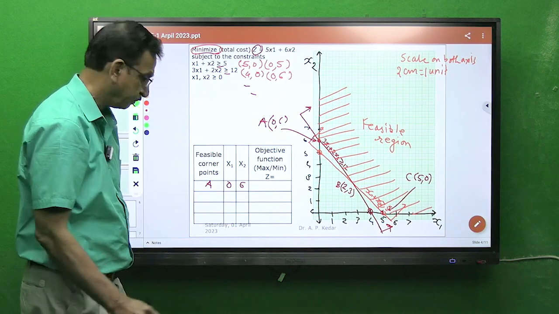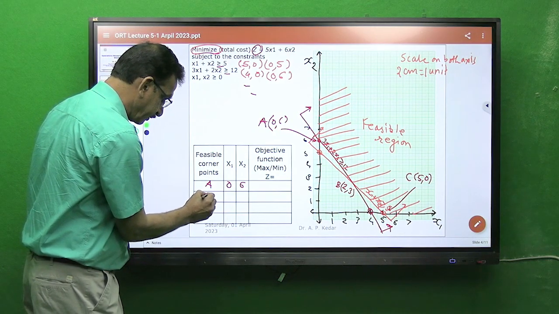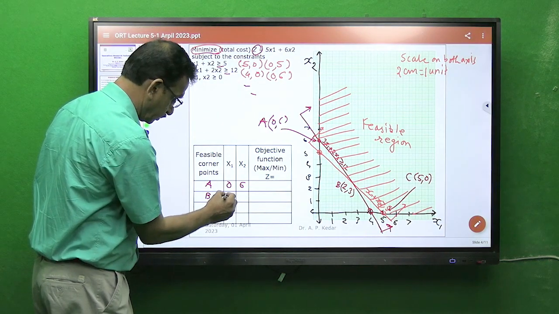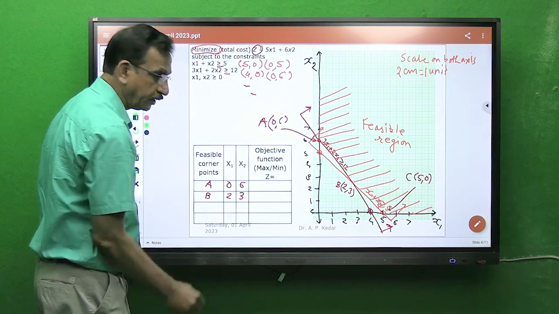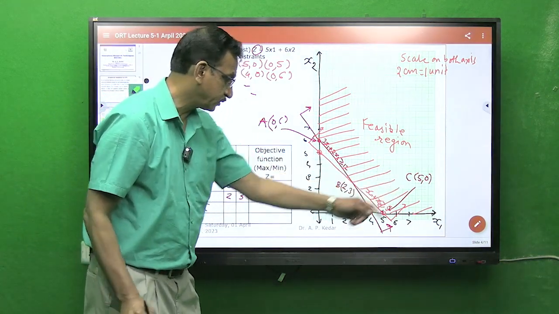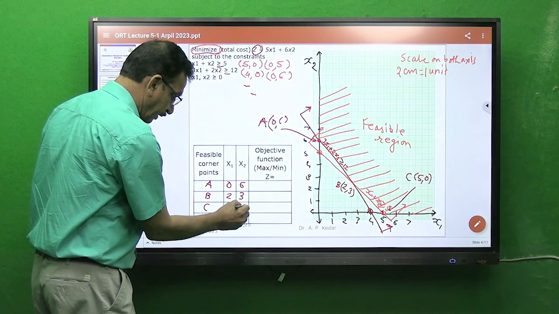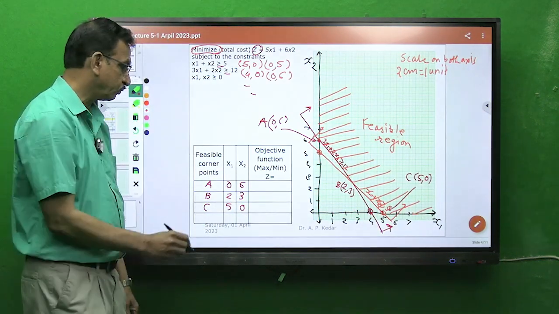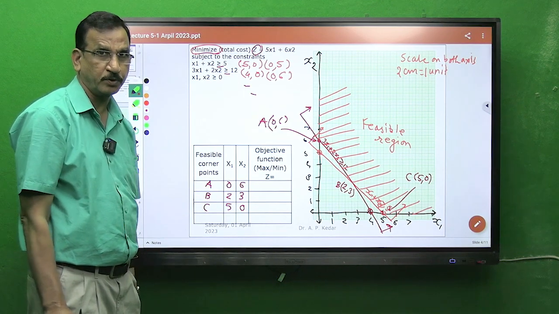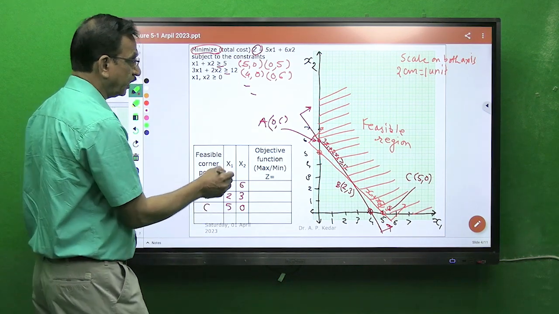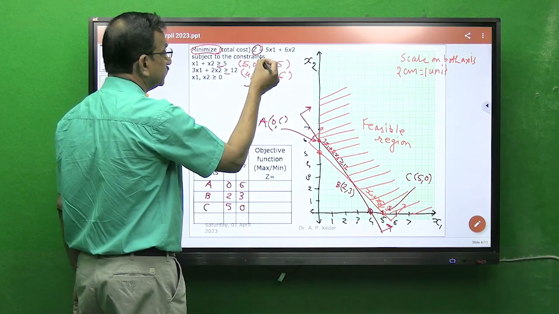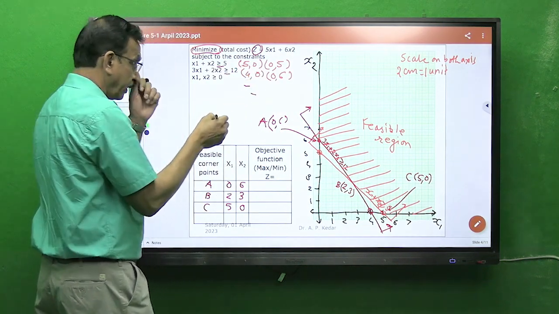Second feasible corner point B with 2, 3, and last I got C point as 5 and 0. So what we did till now is we have identified the feasible corner points. Now we will calculate the value. Here the value is, suppose, again we will go by the original one.